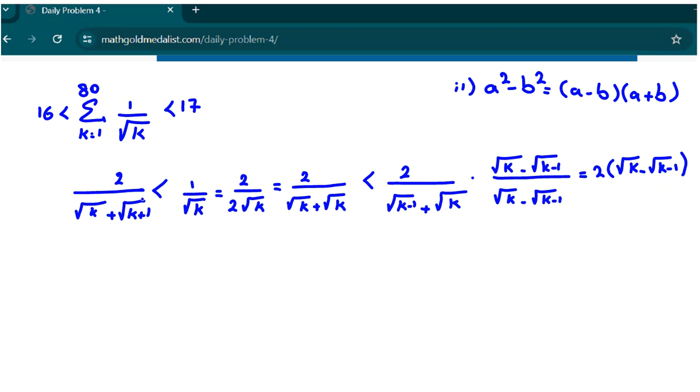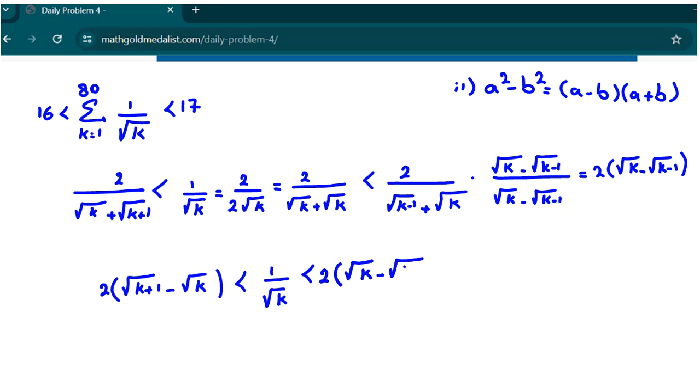Okay. Now what about the left hand side? If we do exactly the same thing, it will be 2 times root k plus 1 minus root k. It is less than what? Less than 1 over root k that we had, which is less than 2 times root k minus root k minus 1. Now let's consider k from 1 to 80 and see which sides can be proved.